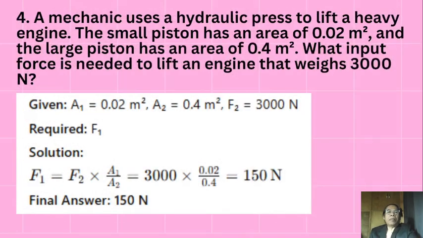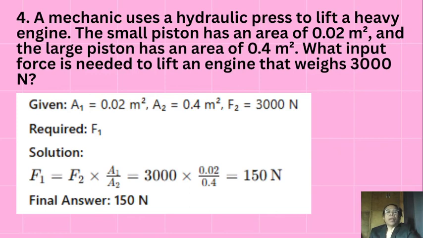And then number 4, a mechanic uses a hydraulic press to lift a heavy engine. The small piston has an area of 0.02 meters squared, and the larger piston has an area of 0.4 meters squared. What input force is needed to lift an engine that weighs 3,000 Newton?